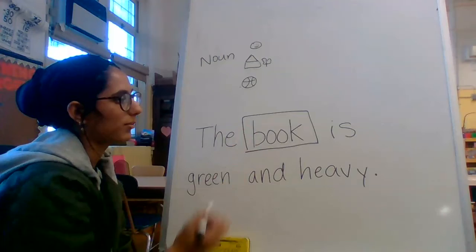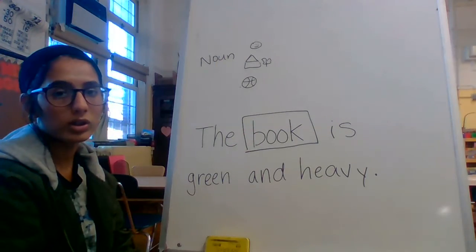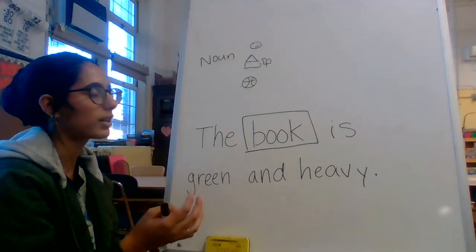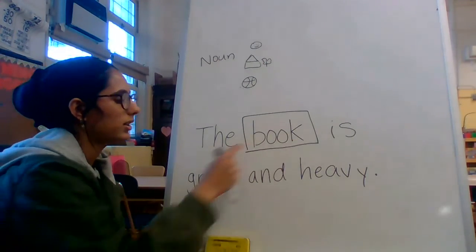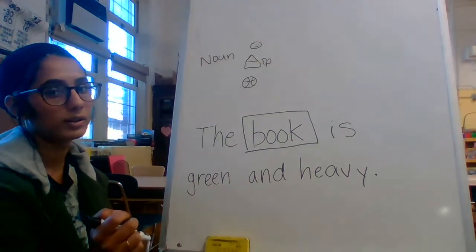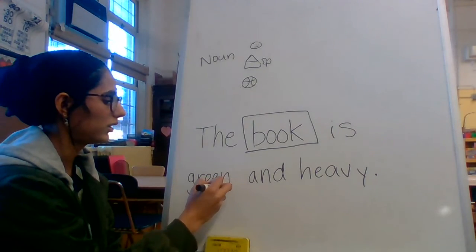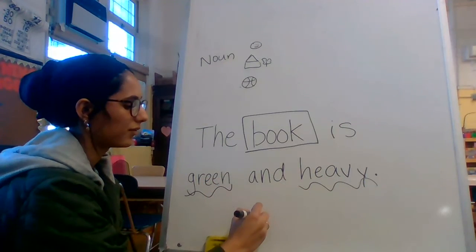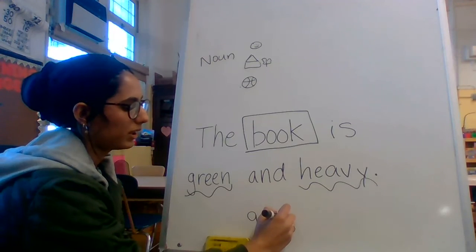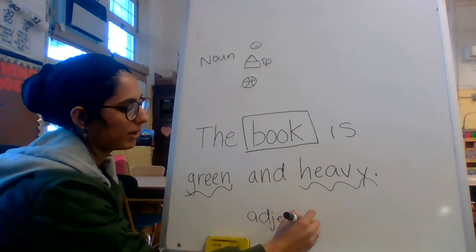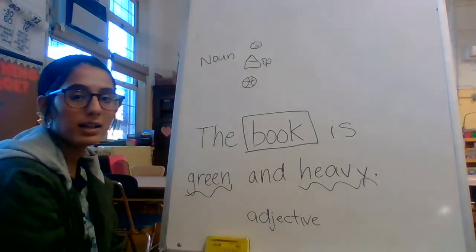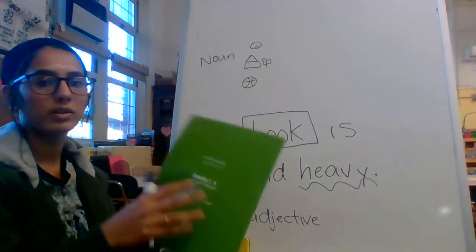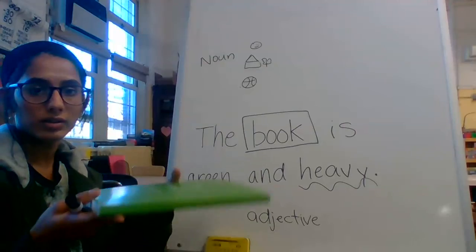The book is something. Now, what words are describing my book? It tells me what it looks like, what it feels like. Which words? The book is green and heavy. Yeah, so green and heavy are my adjectives because it's describing my book, the noun. It tells me that the book is green, and it's kind of heavy.